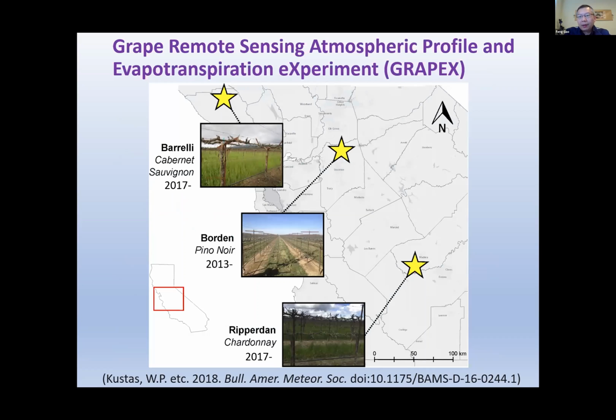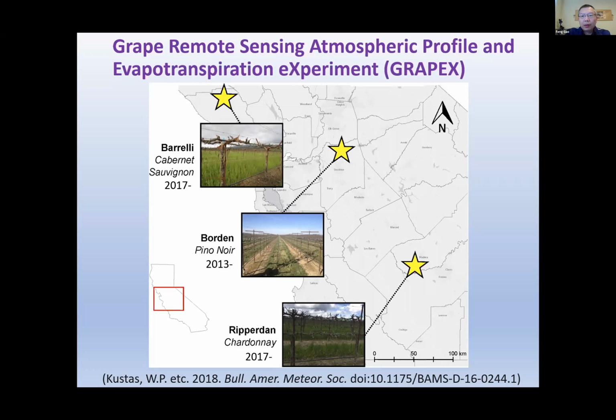The GRAPEX experiment, as you saw on the first day and in the previous presentation, is led by USDA ARS, working collaboratively with Utah State, JPL, other universities, and NASA. There are three experiment sites. The Borden or Sierra Loma site started in 2013, and two additional sites, the Borelli site and the Ripperdan site, were added in 2017.